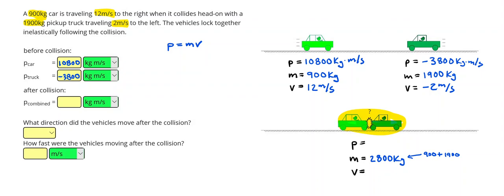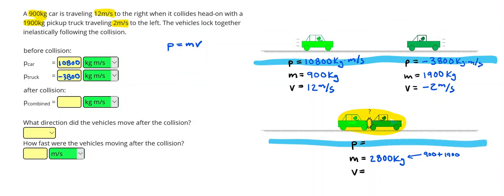Alright, conservation of momentum tells me that the total momentum on the first line before the collision must equal the total momentum after the collision, as long as there's no external net force on our system, which in most collisions there's not. So whatever my total momentum is on the first line, I can use that to calculate my total momentum on the next line.